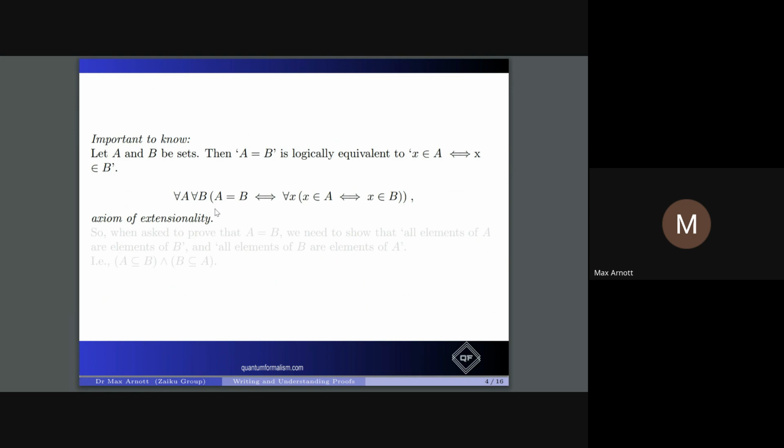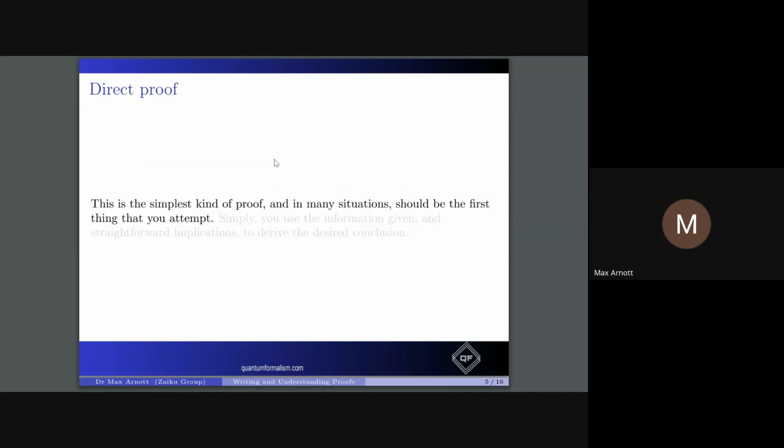But what this says, very simply put, is sets are equal if they contain exactly the same elements, which seems intuitive. So yeah, this is what this means. If two sets are equal, then they are subsets of each other. And that's how you prove equality of sets.